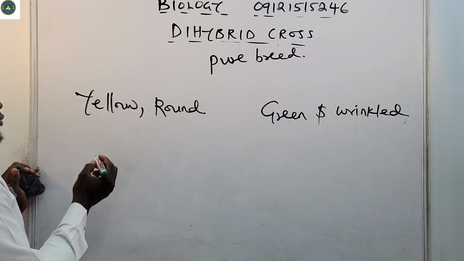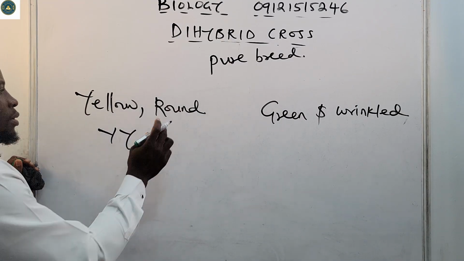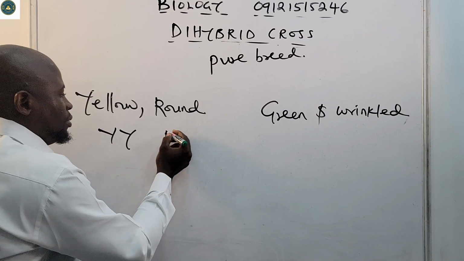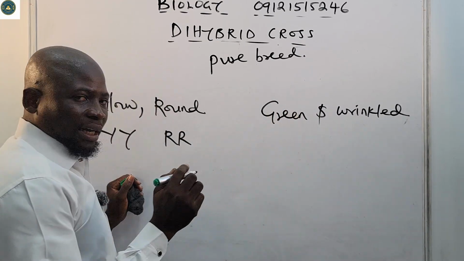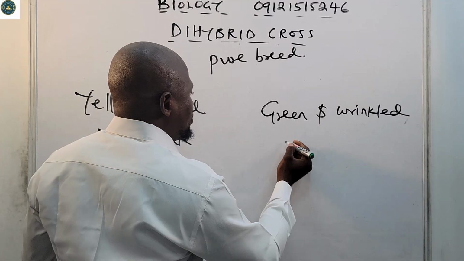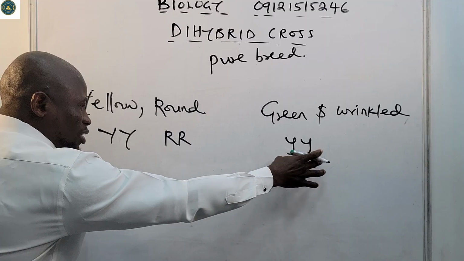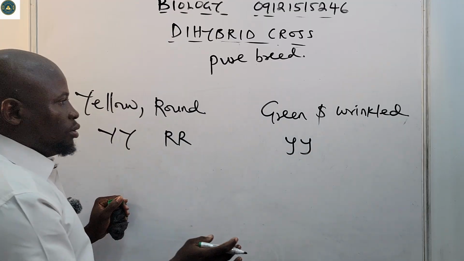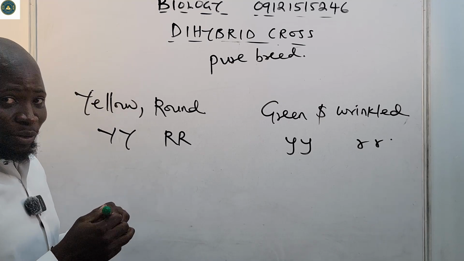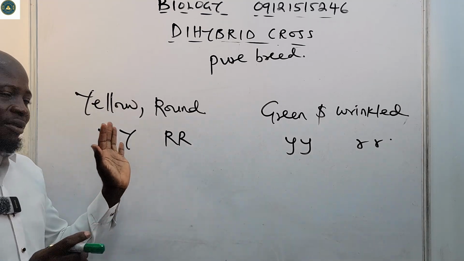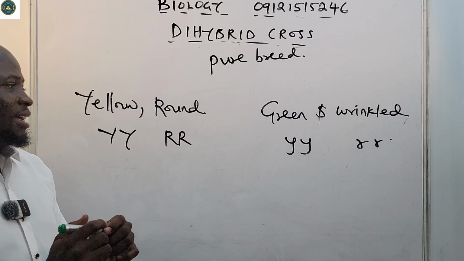So now yellow color will be Y, round seed will be R. Are we together? Now for the green, it will be small y, showing that it is recessive, and wrinkled will be small r. So for yellow and round, I'm going to have YYRR.